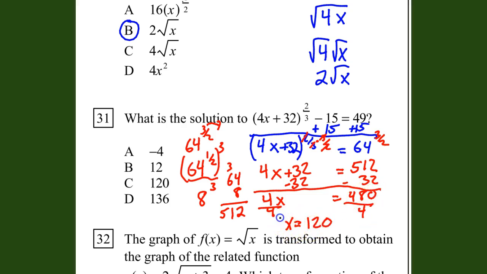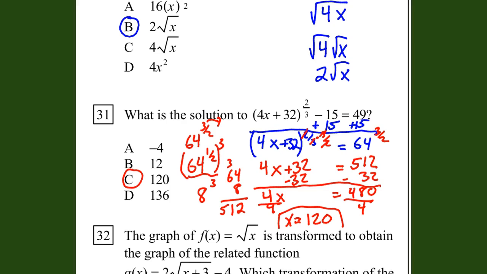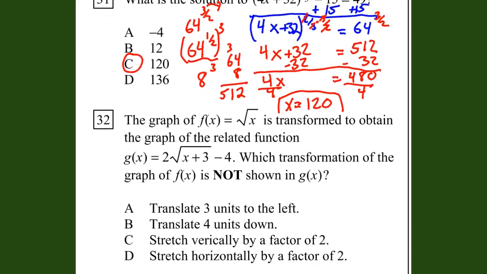So I get an answer of C here. Practice just this part a few times. Make sure you know how to take the 3/2 and just remove the numerator, do the root first, and then cube it. Let's go down and do a few more of these square root problems.